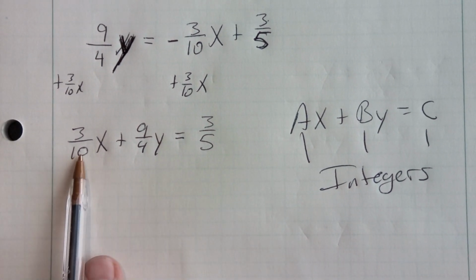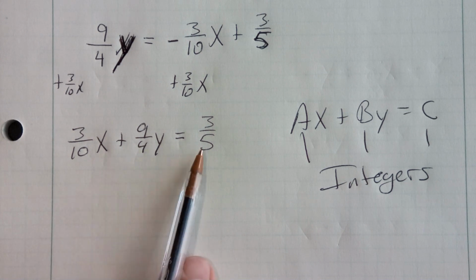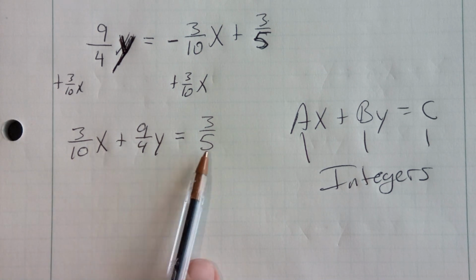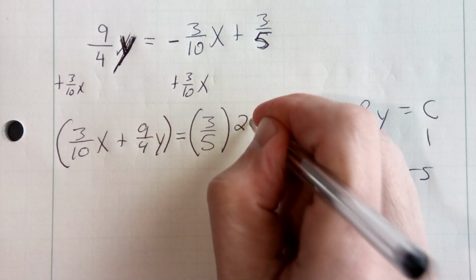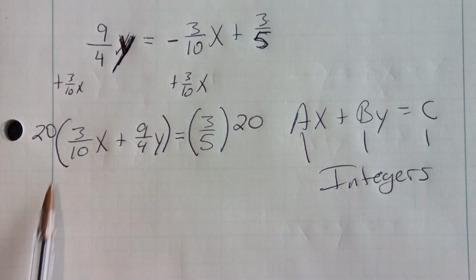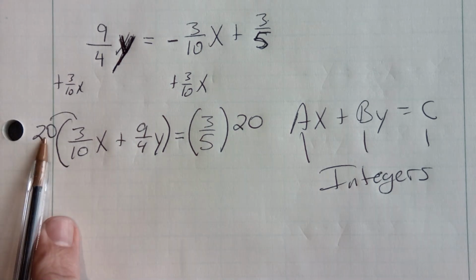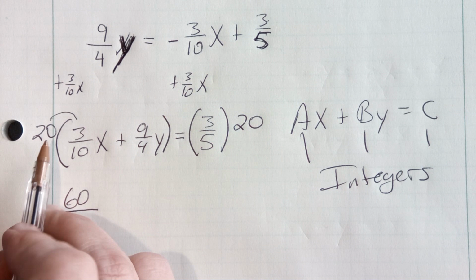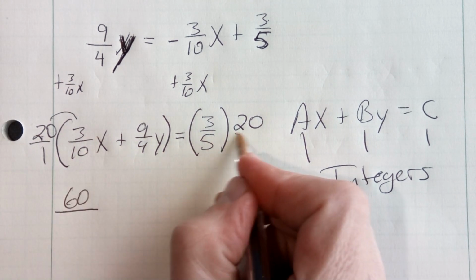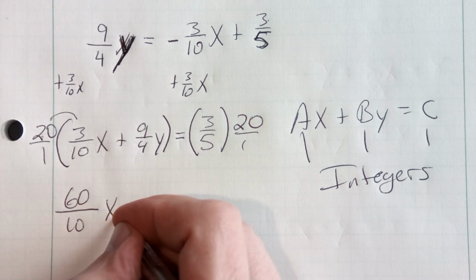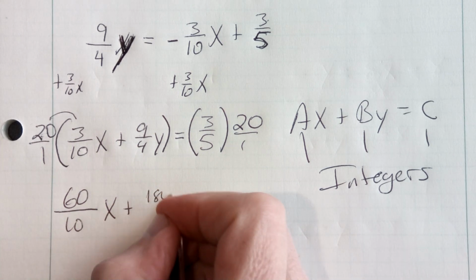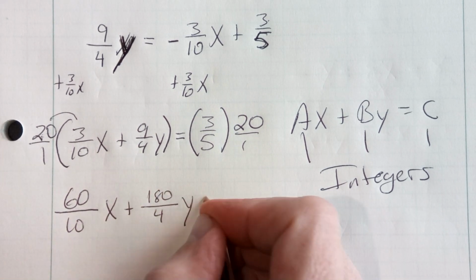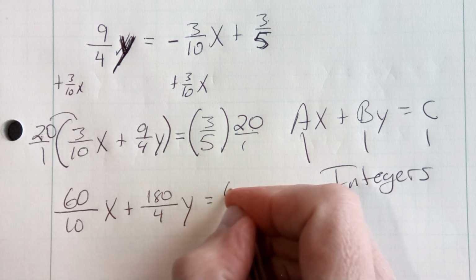Well, I find the least common denominator, which for 10, 4, and 5, the least common denominator would be 20. What I'm going to do now is multiply both sides of this equation by 20, and I'm going to distribute in. Remember, this is 20 over 1, so it would be 60 over 10 x plus, now I'll distribute into here, 20 times 9, it's going to be 180 over 4y equals, now here, 20 times 3 is 60 over 5.